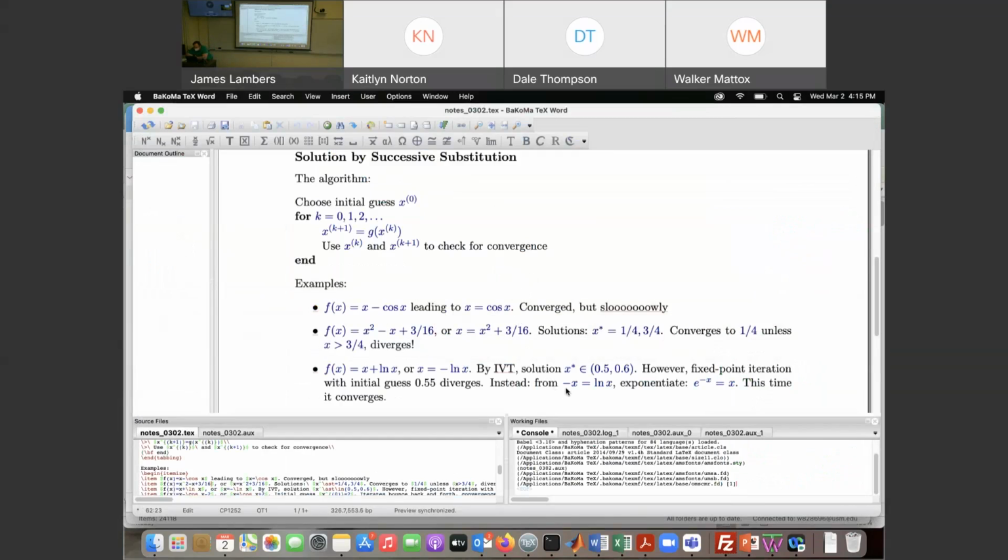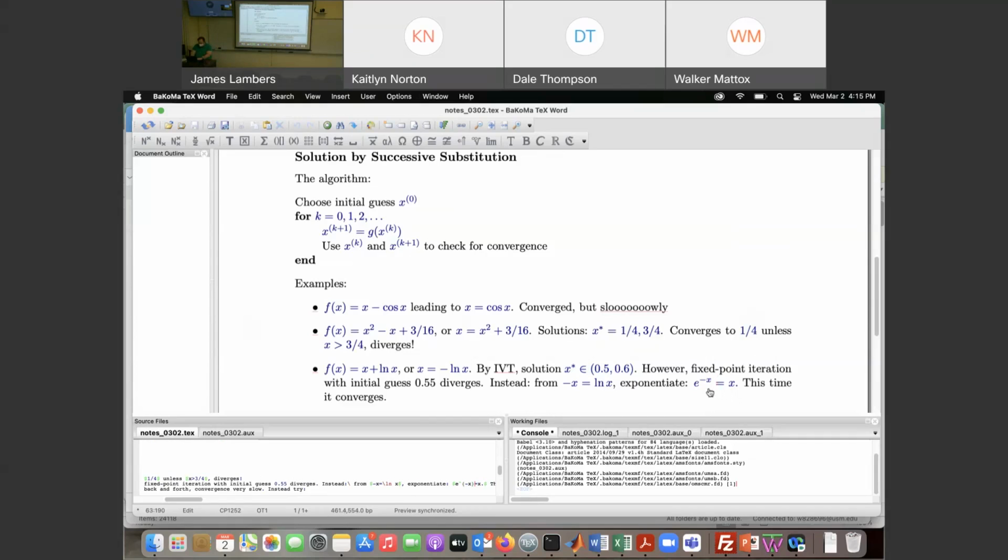So what we can do is, instead of using this equation, here I just moved the minus to the other side for convenience. Now I take the exponential of both sides. So now we get the equivalent equation, x is equal to e to the minus x. So I can use this as my g of x, because it's still in the same form. The equation is x equals g of x for some g, just a different g.